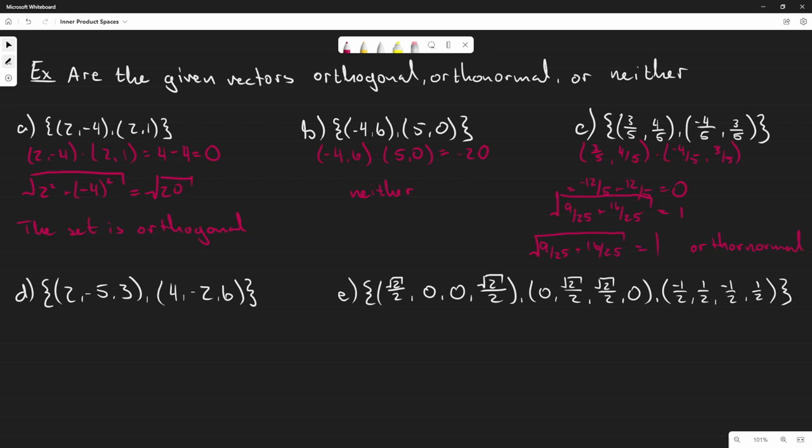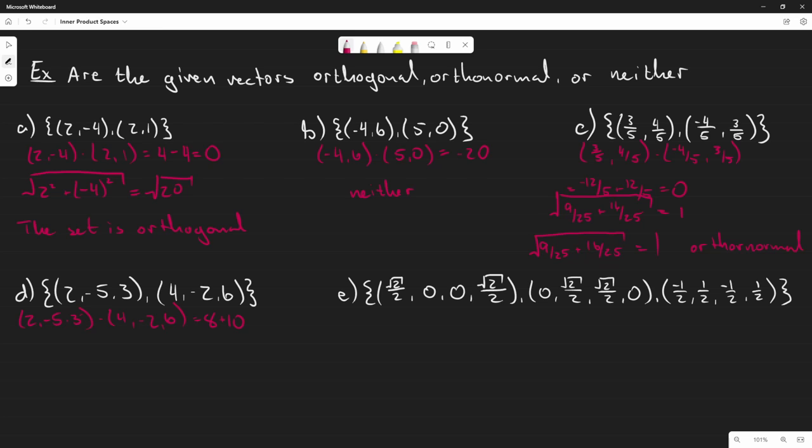So now we are down to our last two. And so the first one, kind of like same old, take their dot product. And so when you take their dot product, you'll see that 2 and 4 is equal to 8. -5 and -2 become a positive 10.